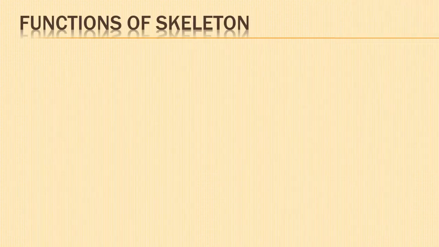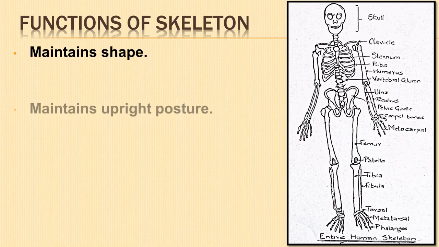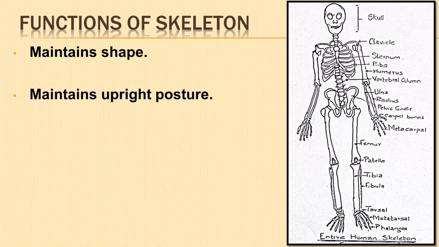Finally, we shall look into the functions of the skeleton. The skeleton provides the framework which supports the body and maintains its shape. The upright posture of humans is maintained by the axial skeleton.